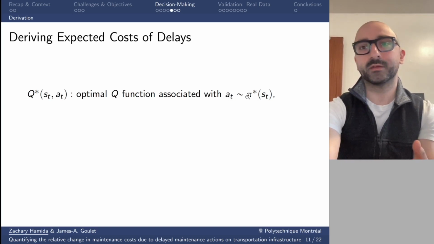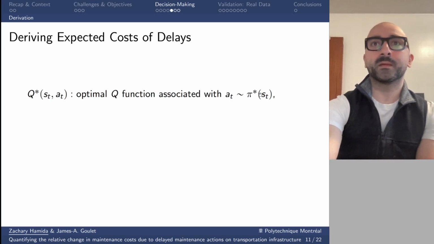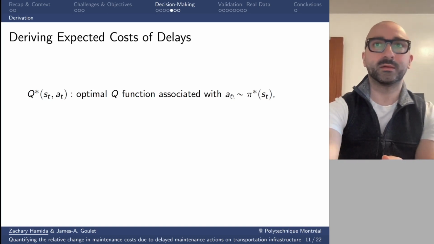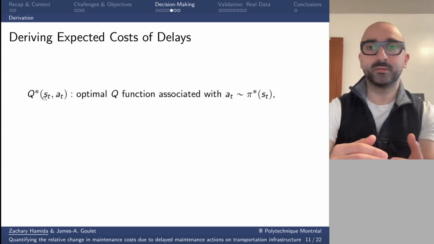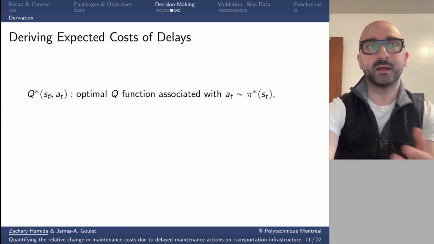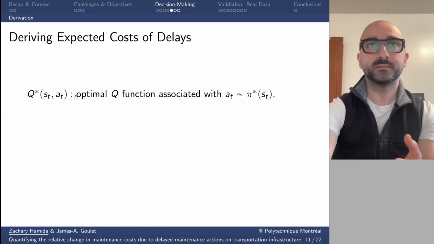Basically the optimal policy is that for any given state, I give you the optimal action. That optimal action, the A_t, is in reality the maximum over all actions: given the state and a vector of actions, it is the action that maximizes this Q star function.